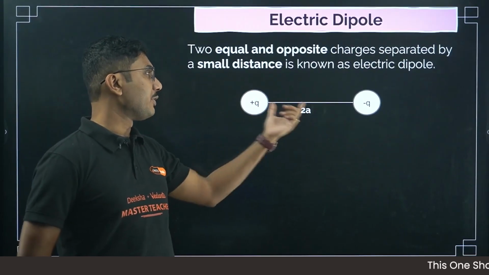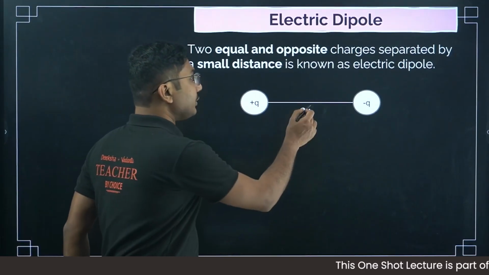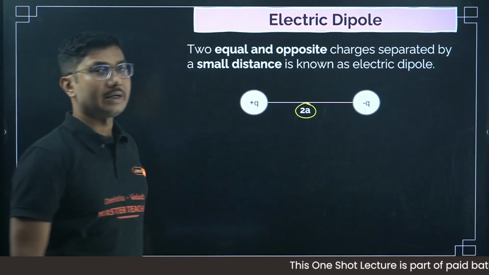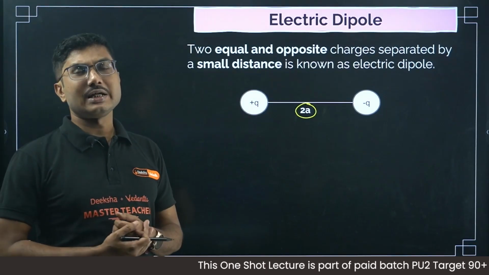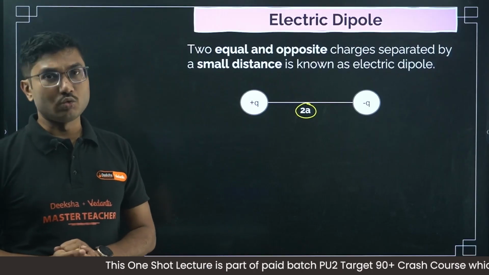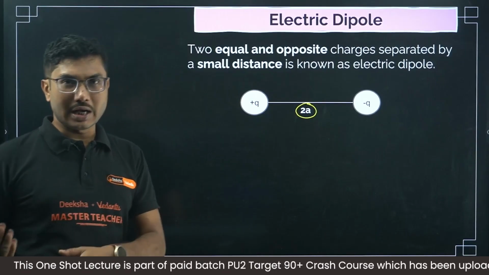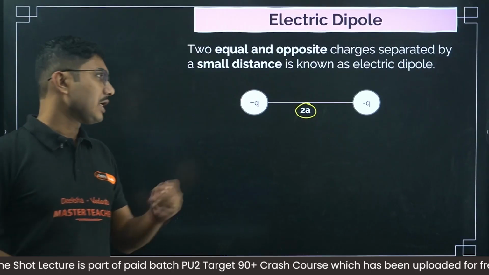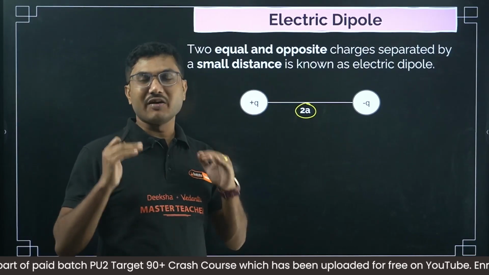Generally the distance between the dipole charges is denoted by 2a. So this 2 is not a separate factor. Remember that 2a itself is the distance. So if in some cases the distance is given, do not multiply by an extra 2. This 2a itself is the distance, because whenever we are applying some formulas or equations, it helps to know the value of a, basically the half length.